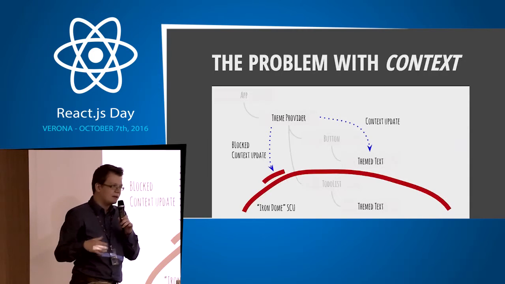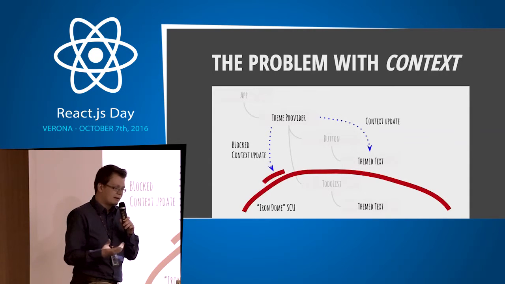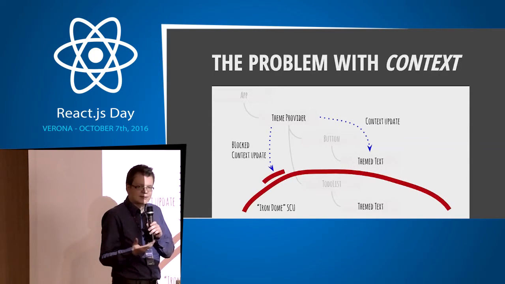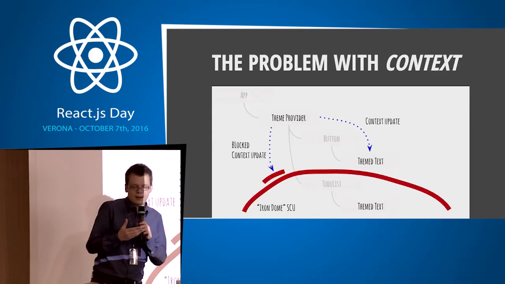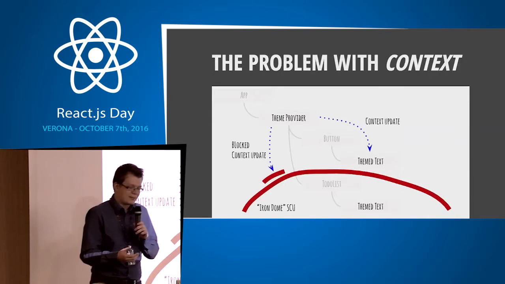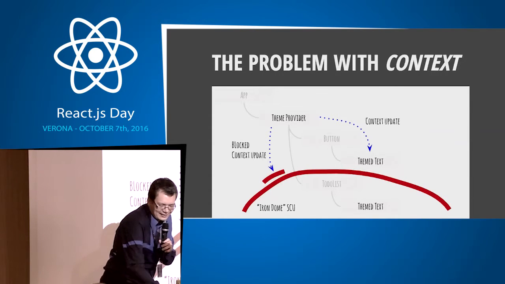There are ways to circumvent this, of course, but a solution that goes completely without context would be pretty amazing in my opinion. But I haven't seen one so far.